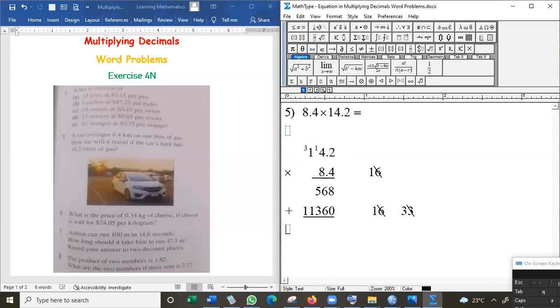And now we're going to add. 8 plus 0 is 8. 6 plus 6 will give us 12. So we write 12. Bring the 2 across, and carry that 1 up by the 5.